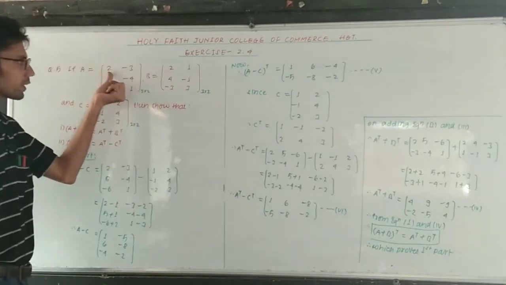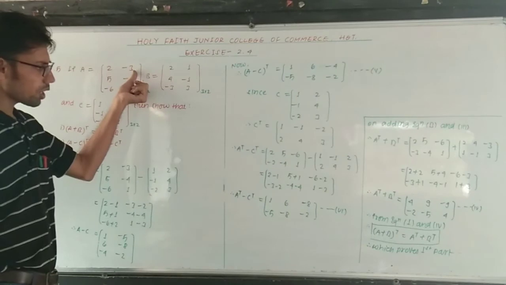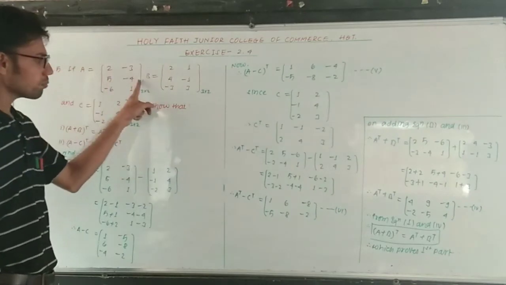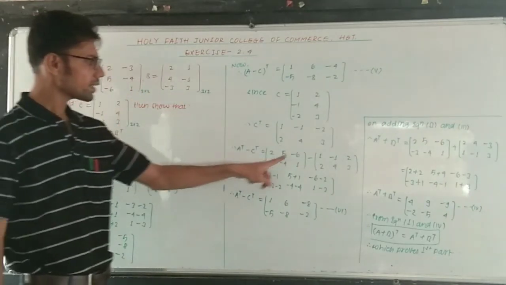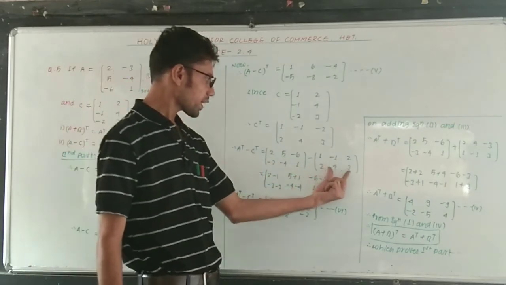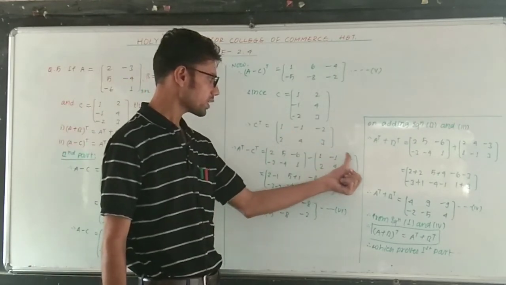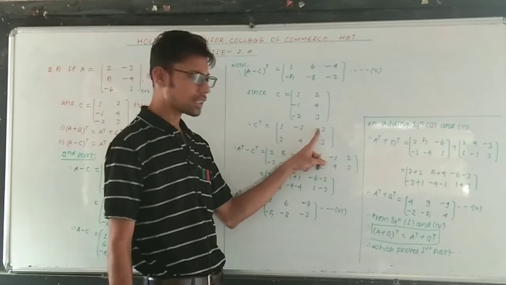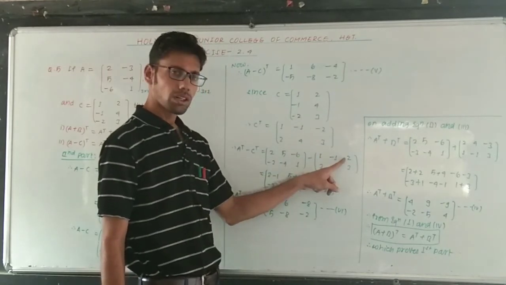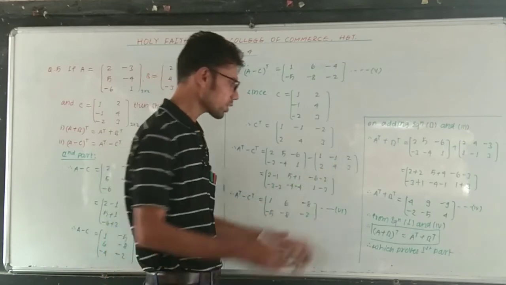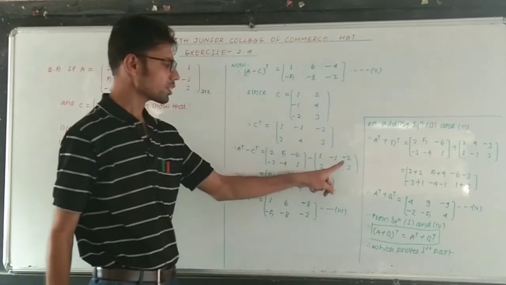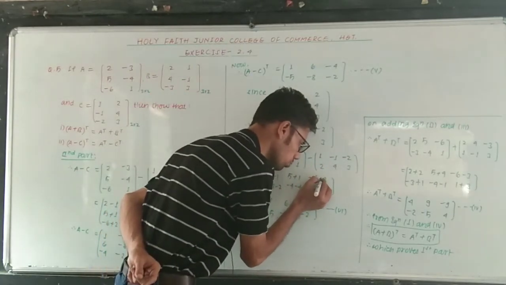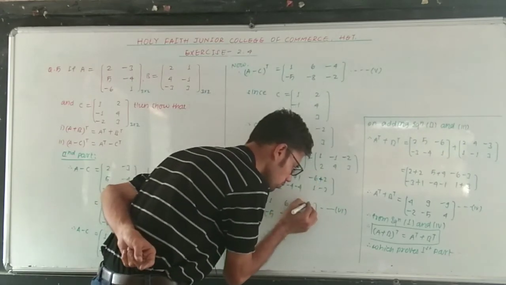The minus 2 here, with minus into minus, becomes plus 2. So minus 6 plus 2 becomes minus 4.